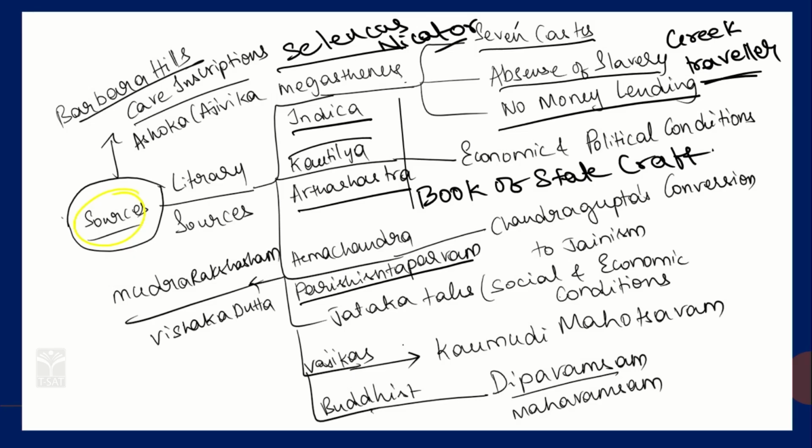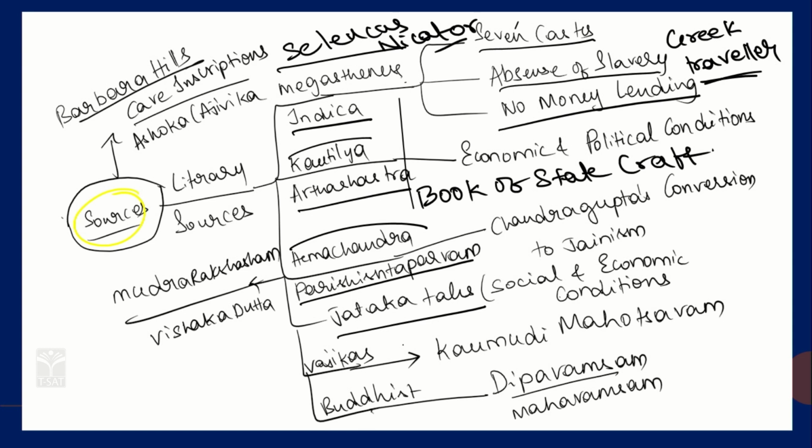Another book, Parishishta Parvam, which is a Jain book, talks about how Chandragupta Maurya embraced Jainism and encouraged Jainism. It was written by Hemachandra. Buddhist literature, the fourth option in the previous question, refers to the Jataka tales, which are storybooks about Buddha, his teachings, his life and his contributions.